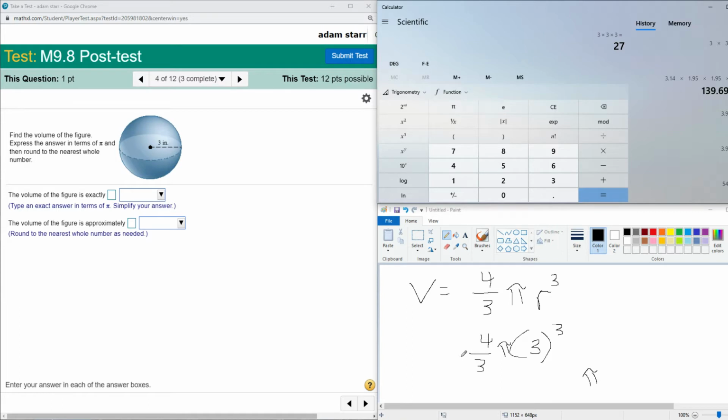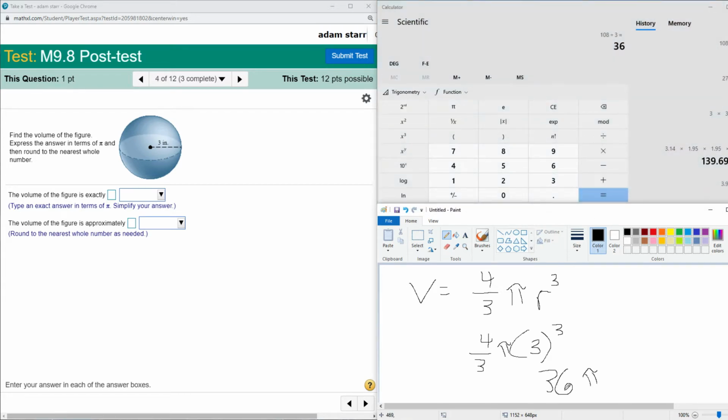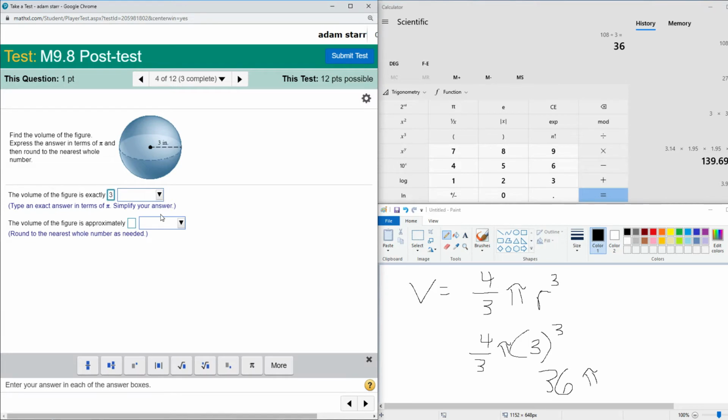And then to multiply by 4/3, I'm going to multiply by 4 and then divide by 3. So I get 36. So my exact answer here, this exact volume, is 36 pi. And that's what it wants here in this box. 36 pi. And again, my unit is inches, so it's going to be cubic inches.